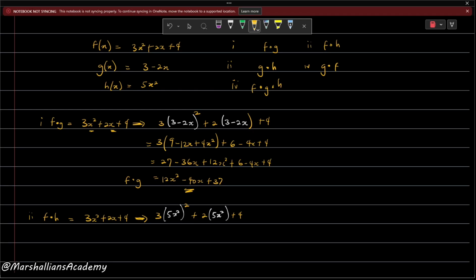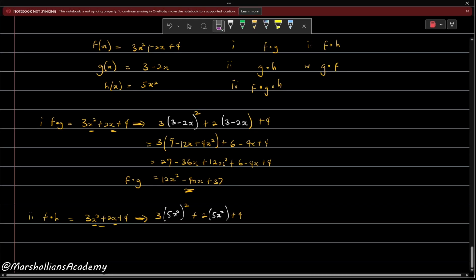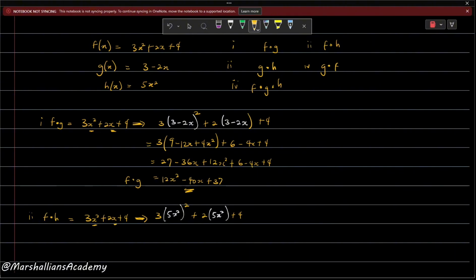What did you notice? For every x variable in function f of x, I just replaced all of them with h of x, a new function. So look at it, this x variable, h of x, this x variable, h of x. So let's continue foiling and let's do law of indices. 5 squared is 25. x squared raised to power 2 is x raised to power 4. You should know indices by now. Plus 2 into bracket 5x squared, plus 4.